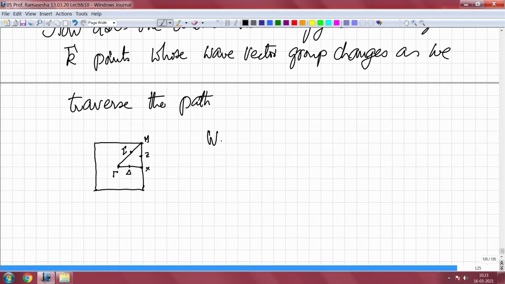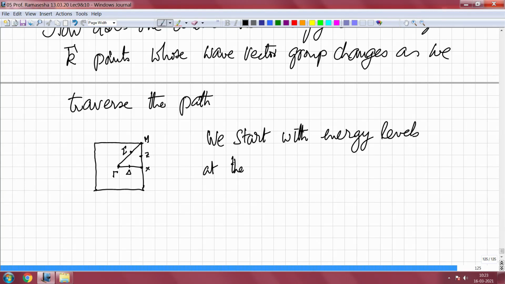So, these are the points, and usually when we are drawing energy bands, we start with energy levels at the gamma point and say we move towards the X point.